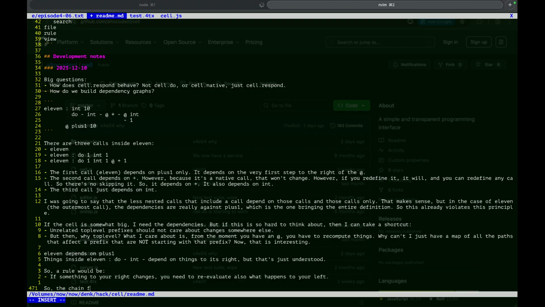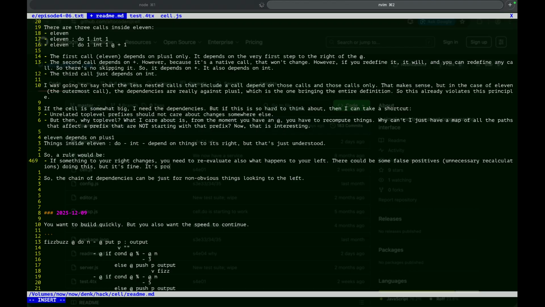So the chain of dependencies can be just for non-obvious things looking to the left. There could be some false positives, unnecessary recalculations doing this, but it's fine. It's probably more expensive just to keep these extensive dependency lists.